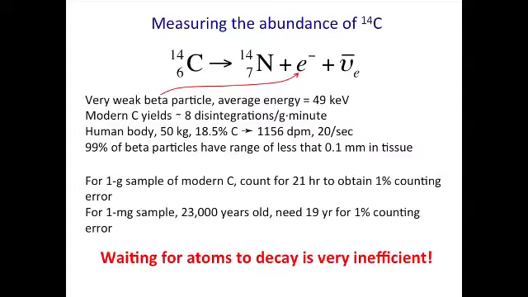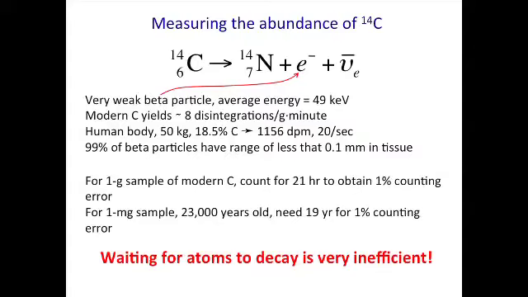As you see, if you want to get a 1% counting error and you have 1 gram of carbon, it's modern, you can achieve that precision in 21 hours. But if you had, more realistically, only 1 milligram, and it was an old sample, you'd need a long time to get good precision.